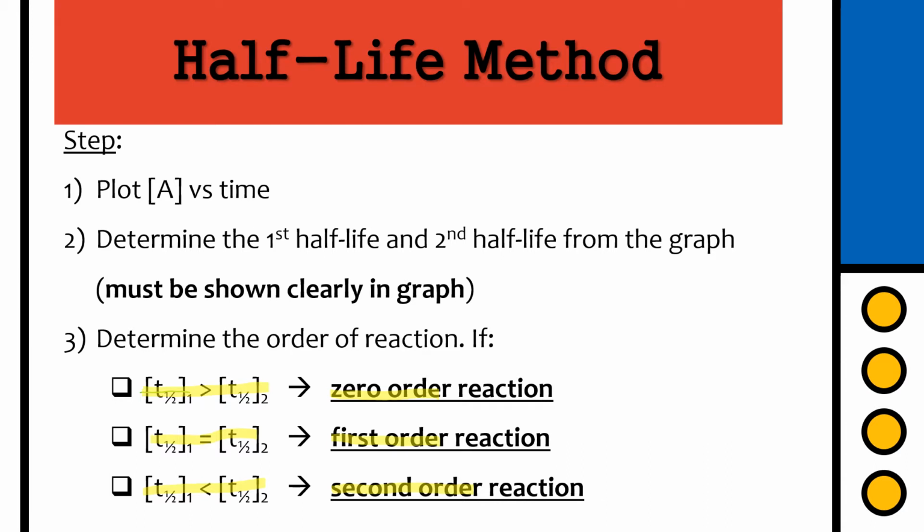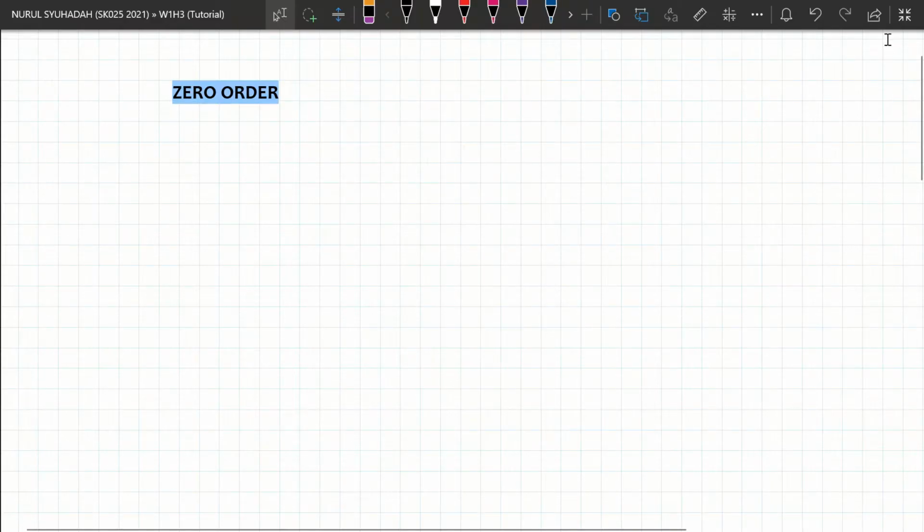Now let's take a look at a few general graphs. Let's start with the zero order graph. For the zero order graph, we plot a graph of concentration against time. I just give you a general graph without any data.